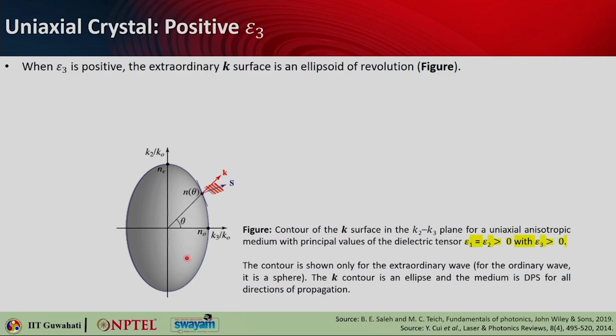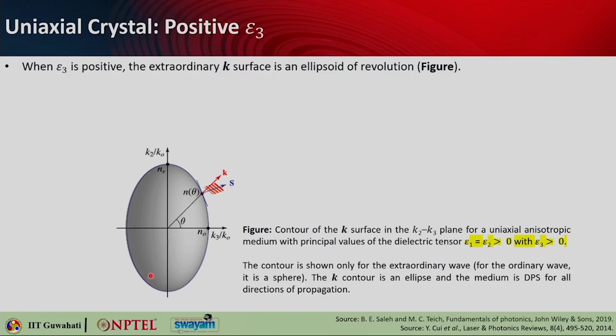Now in this particular figure, what is shown is the contour of the k surface in the k2 k3 plane, and we have considered a uniaxial anisotropic medium where epsilon 1 and epsilon 2 are equal and positive, and epsilon 3 is also taken to be positive. We have marked the theta angle here for reference. This contour is shown only for the extraordinary wave. You already know that for the ordinary wave it is basically a sphere.